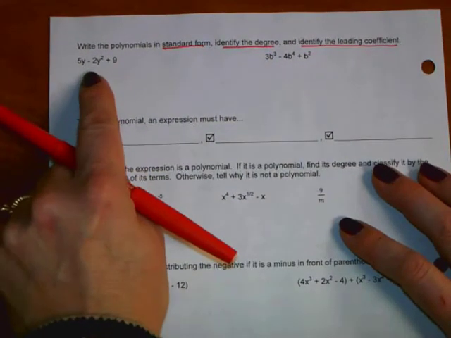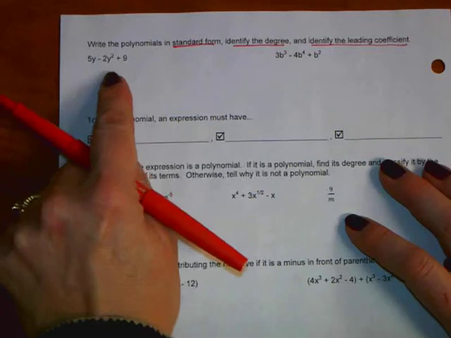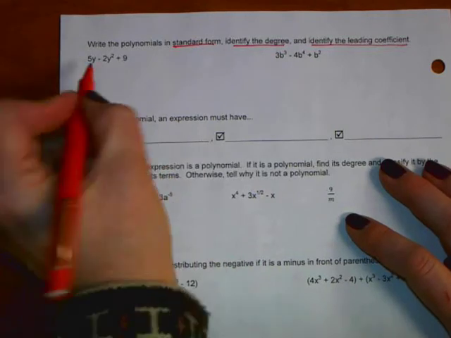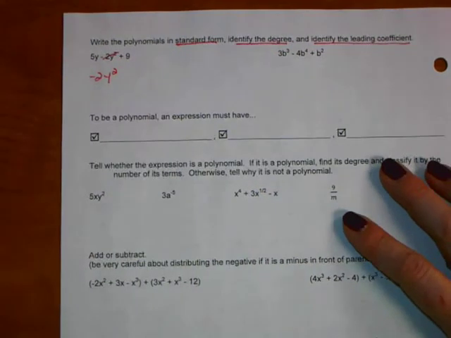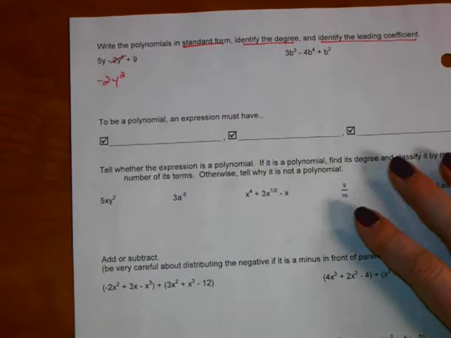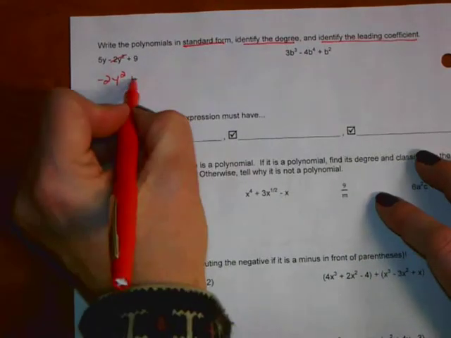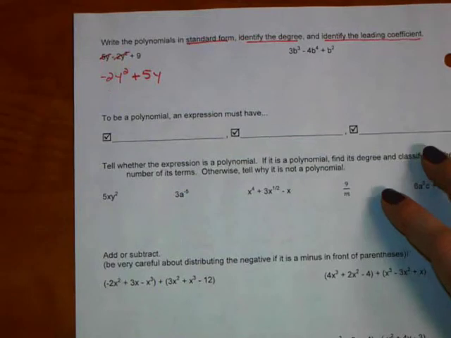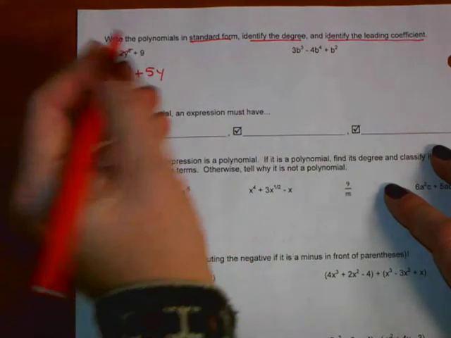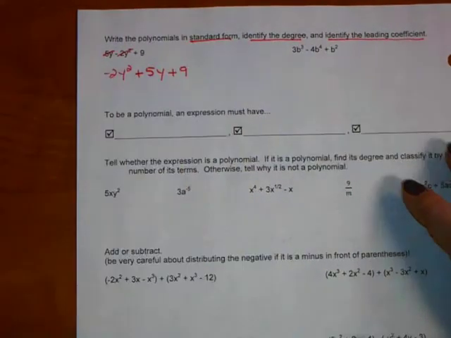Standard form means we put the highest degree term first, which would be which one? This one right here. So that goes first. I'm going to cross that off. Then what's the next degree? 5y. Correct. Plus 5y. That's got a degree of 1. And then I'm going to add the 9. Okay. That's standard form.